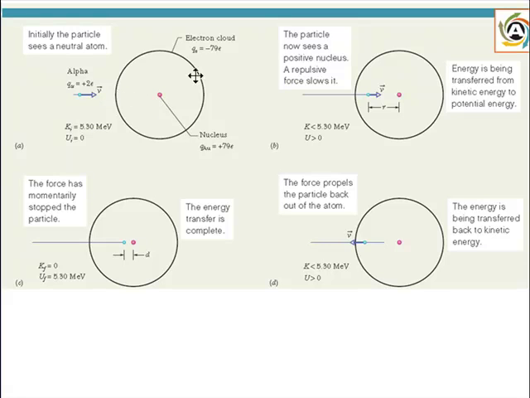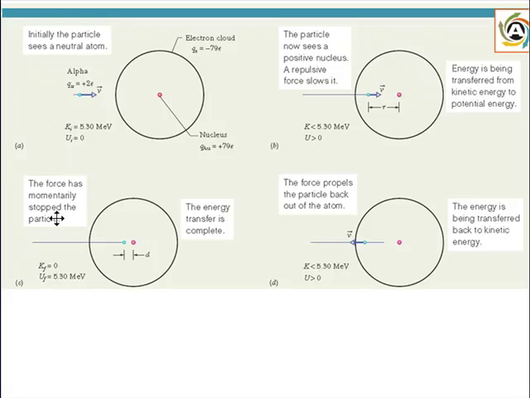It penetrates through the electron cloud, where there are 79 electrons in a gold atom, and comes near the nucleus, which has 79 protons and therefore 79 positive charges. As it gets in close, some of this kinetic energy is converted into potential energy.